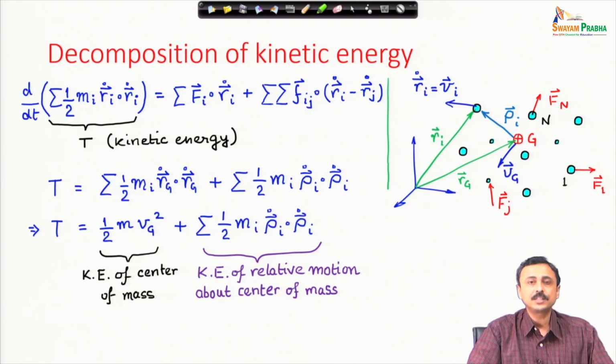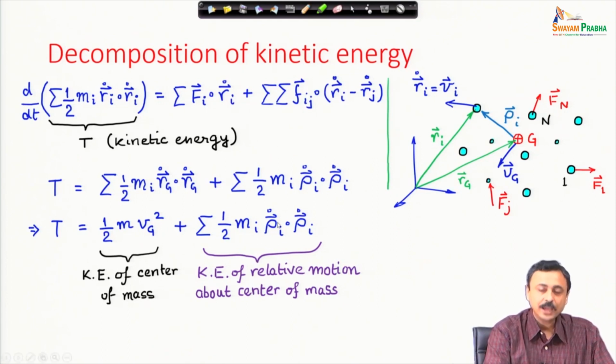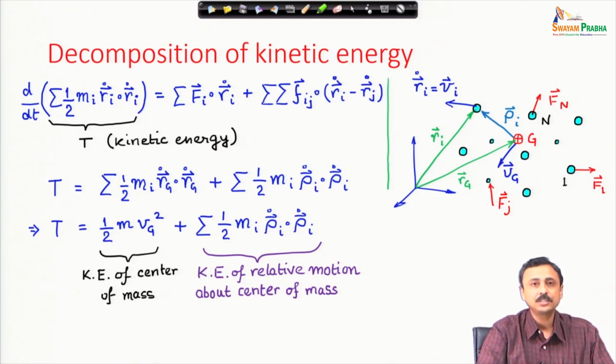Therefore, the total kinetic energy of the system is composed of two parts: the kinetic energy of all the mass concentrated at the center of mass and moving with it, plus the kinetic energy of all particles moving about the center of mass. This velocity rho_i dot is the relative velocity of a particle with respect to the center of mass, which you should note.